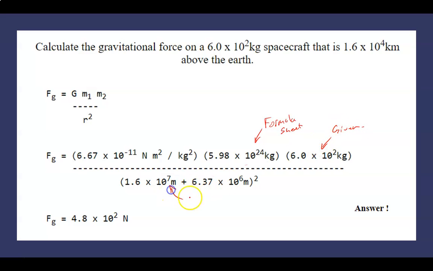Now the distance, we've taken the distance above the Earth in meters, 1.6 times 10 to the 4 converted to meters, and we need to also add the radius of the Earth because it's between the distances. So if we've got spacecraft here, Earth here, we're looking at this distance as being r. So we have to add this distance of the Earth, winding up with a 480 Newton answer, or 4.8 times 10 to the 2 to 2 significant digits.